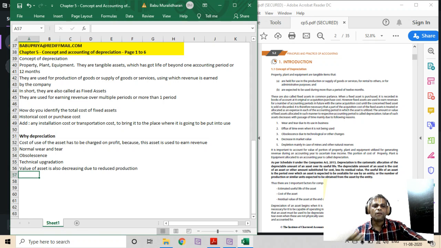These are all some of the reasons why a portion of the cost incurred on installing the machine has to be charged every period to the profit or loss of the particular period, to the P&L. An asset can also get into wear and tear due to lapse of time.